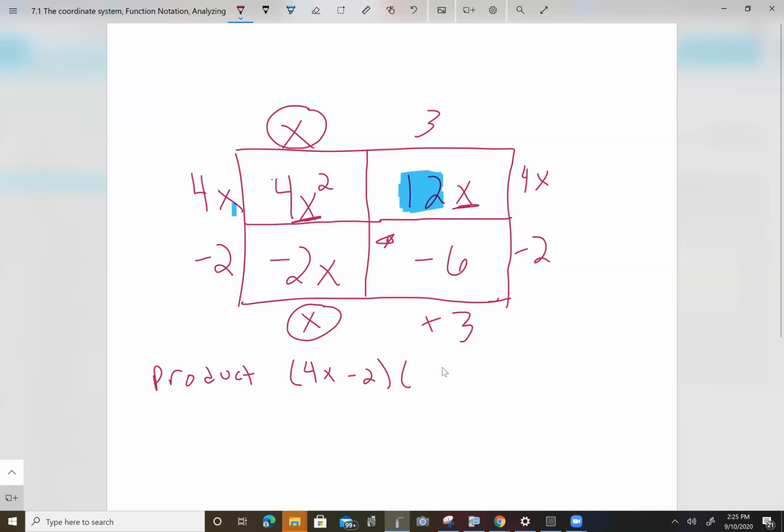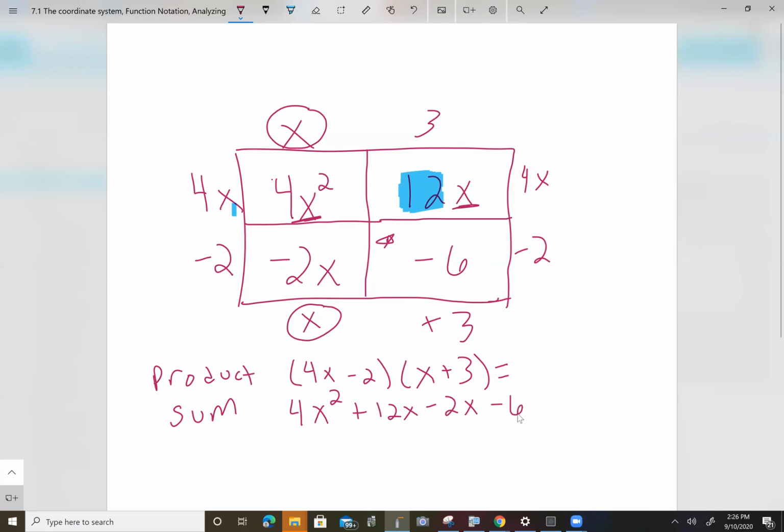okay, is equal to the sum of the insides, which is 4x squared. I'm just going to add them all up, and 12x, all 4 squares or boxes, minus 2x minus 6, just put them all in a row.